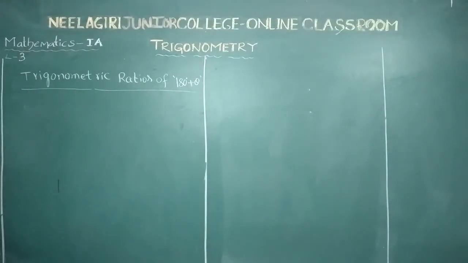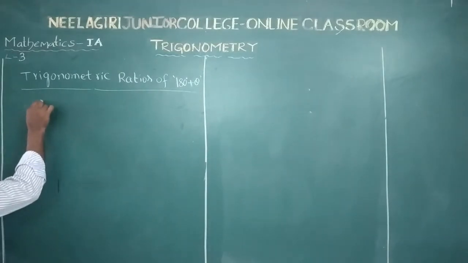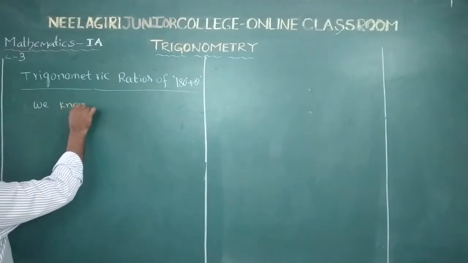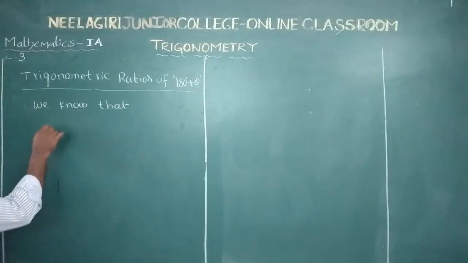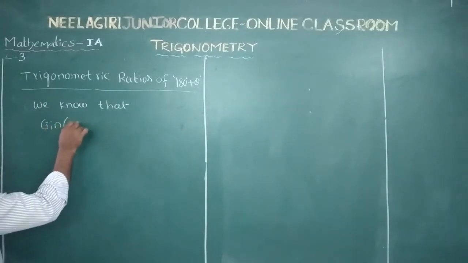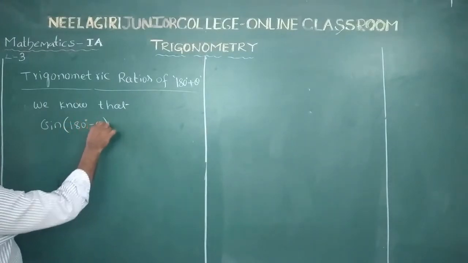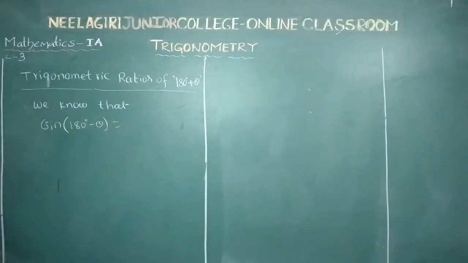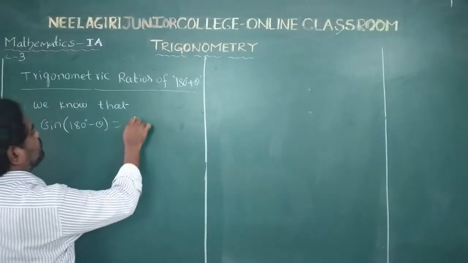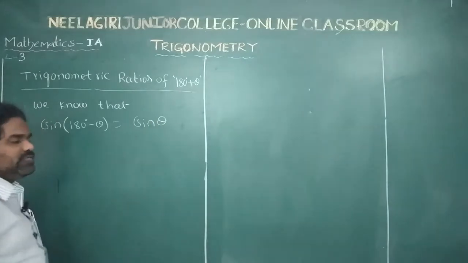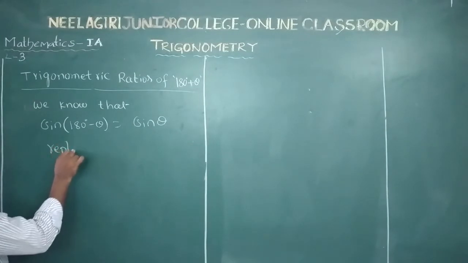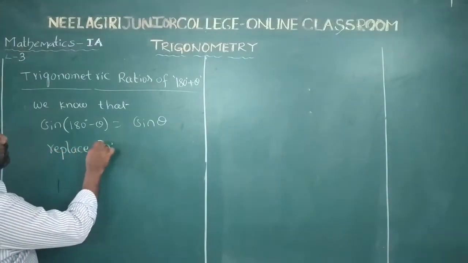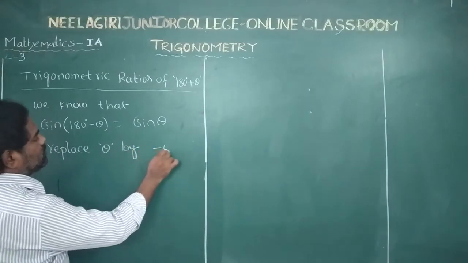We know the trigonometric ratios of 180 minus theta. Sine of 180 minus theta equals sin theta. Here in this relation, replace theta by minus theta.